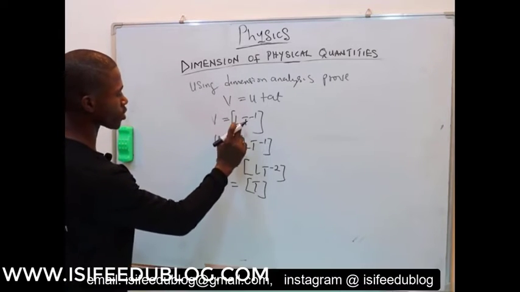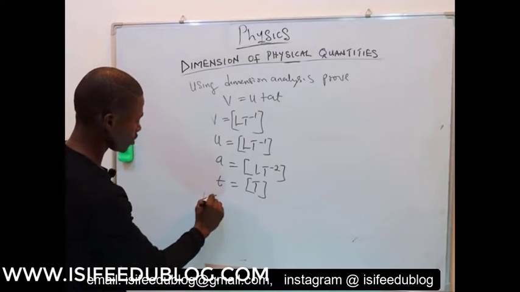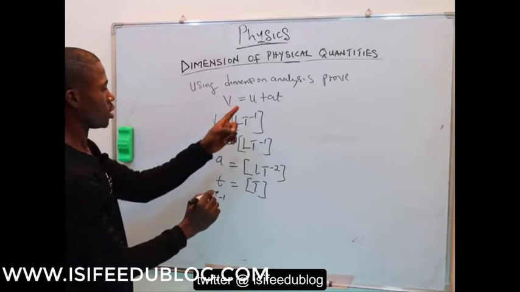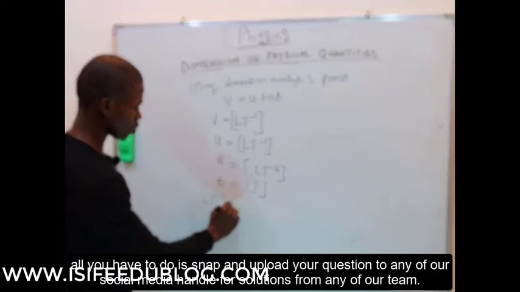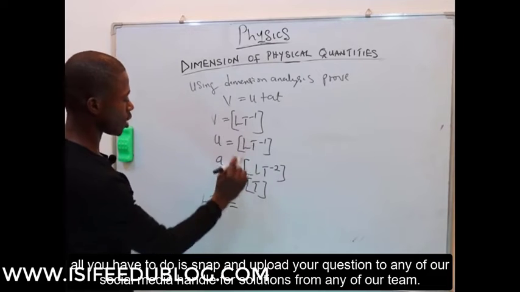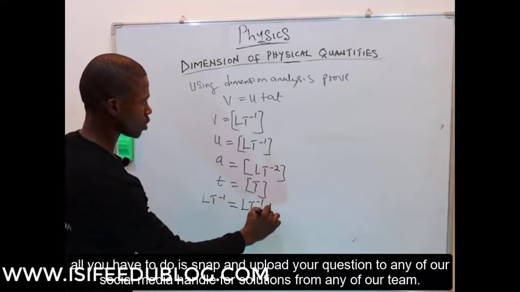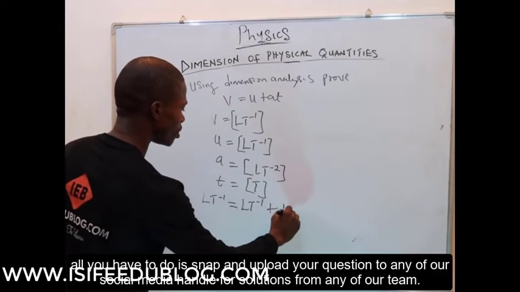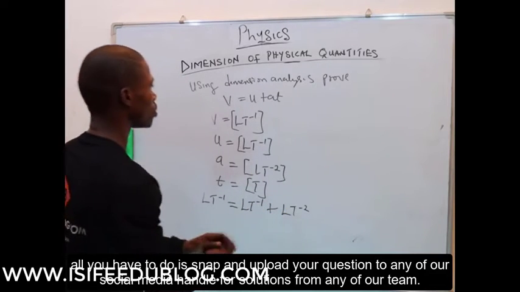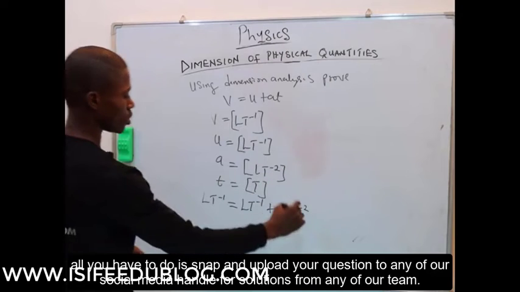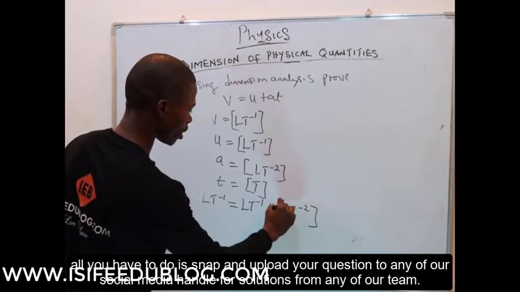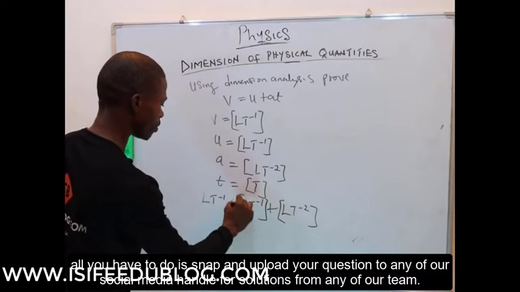So let's substitute. LT minus 1 is equal to U, which is LT minus 1, plus A, which is LT minus 2, and our time. Let's enclose in brackets.